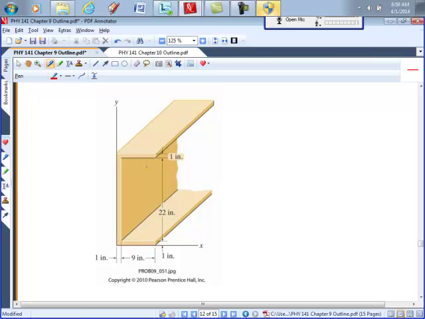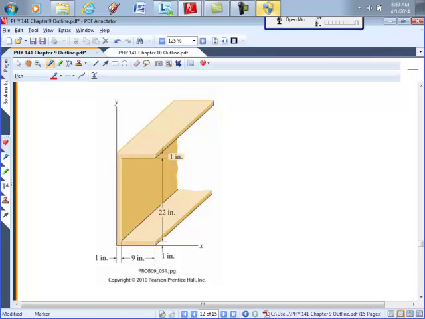Okay, where should I draw the boundary? Because there's two ways I could draw the boundary, right? I could draw it as a vertical line here, or I could draw it as a horizontal line. It doesn't really matter. Okay, so we'll do a vertical line.